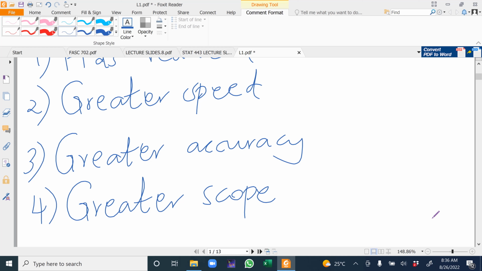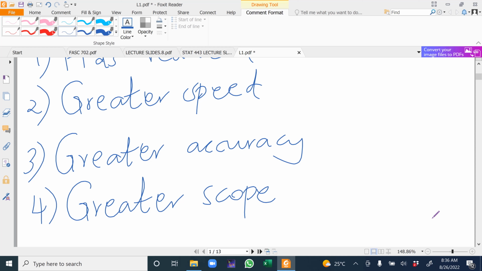You can pick a sample from Accra, from Kumasi, from Tamale, and so forth. So it gives you the flexibility to reach other areas that could provide you information of interest.